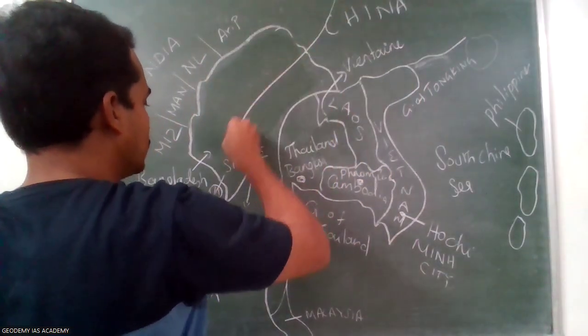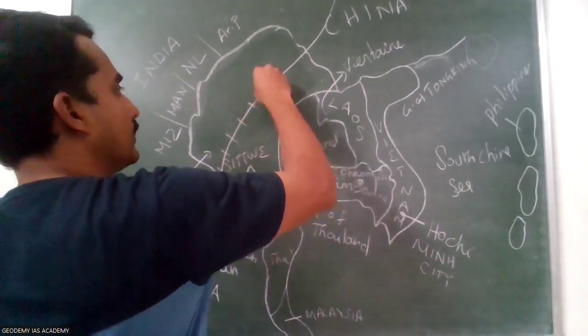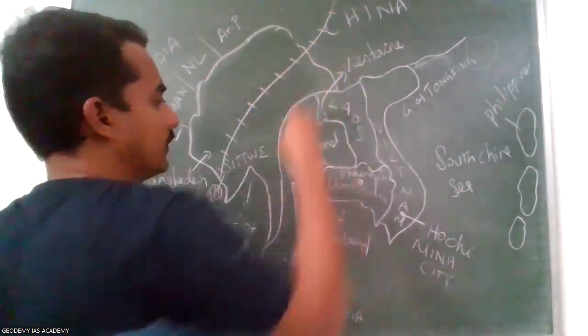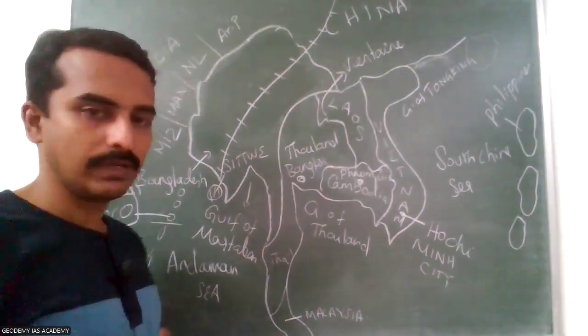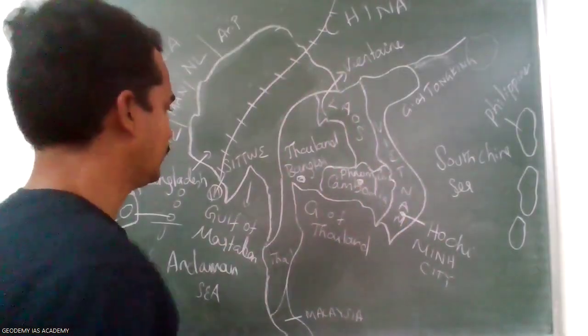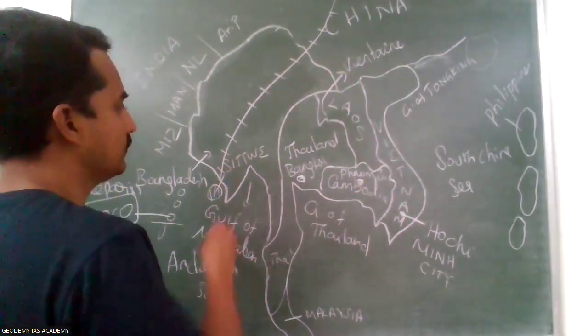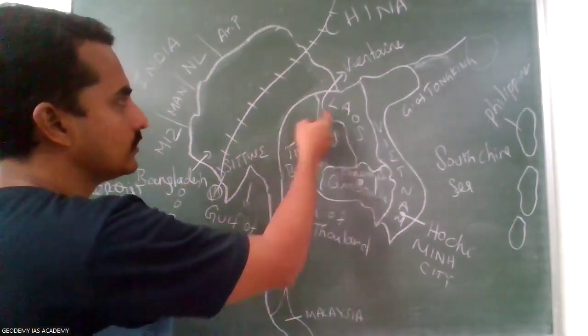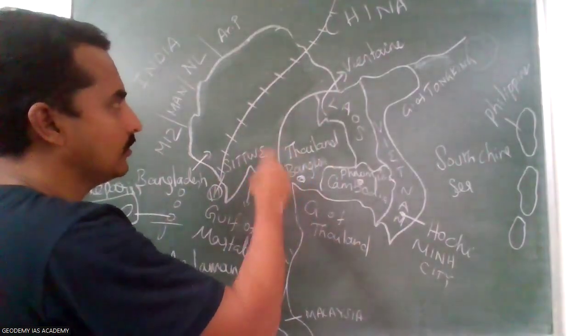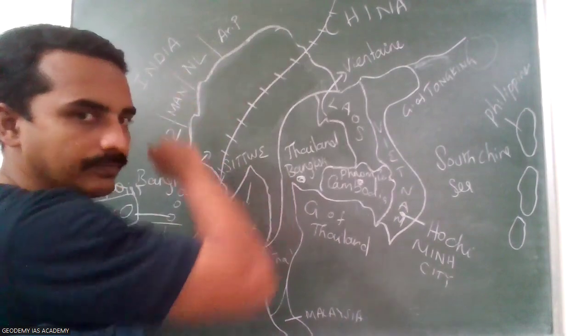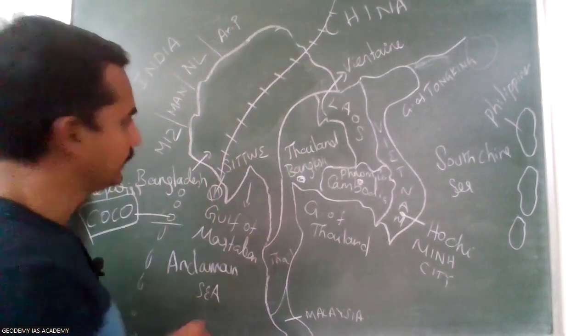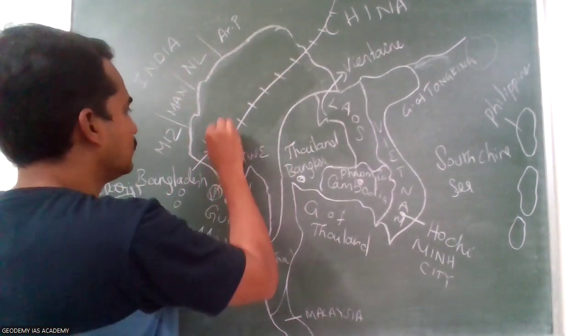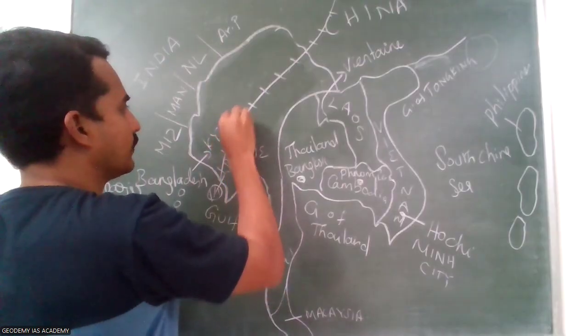Here they are going to construct the railway route to bypass the Malacca Strait and South China Sea. Okay, so it will reduce their distance. And other countries also, Laos and Thailand, can use this route to access Yunnan province of China. Okay, so the Kyaukpyu Island, that is more important.